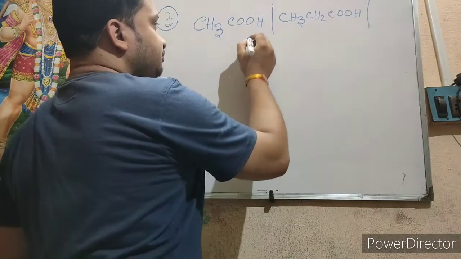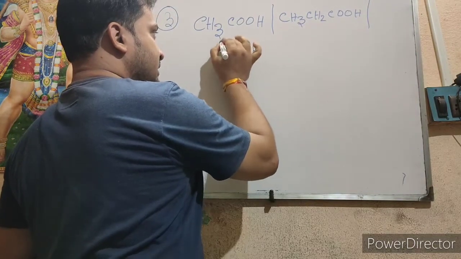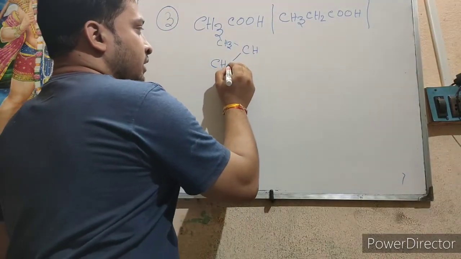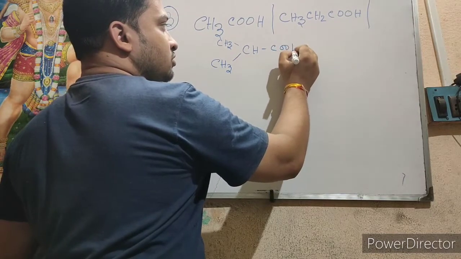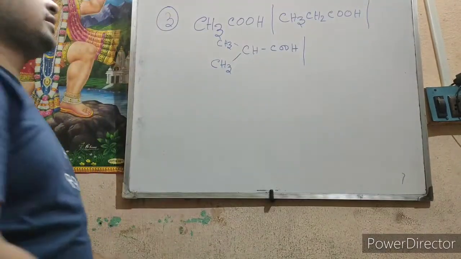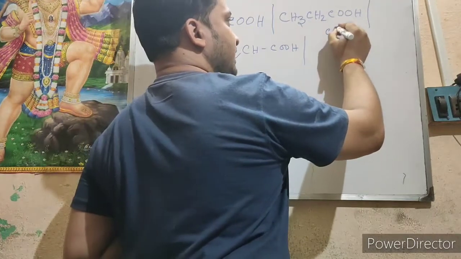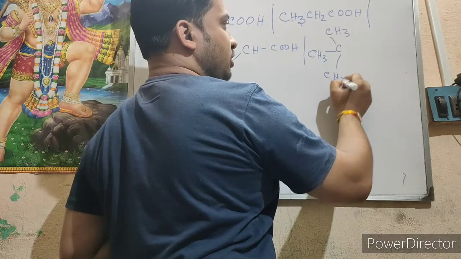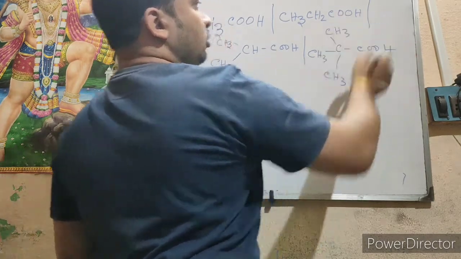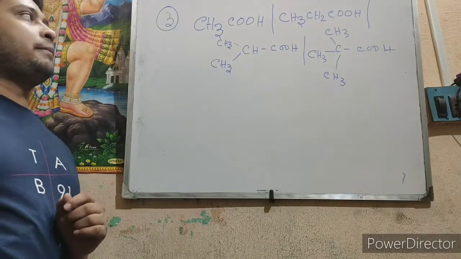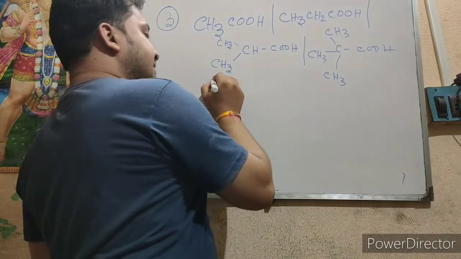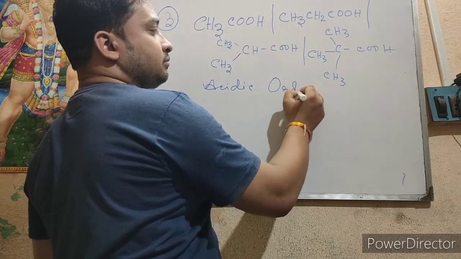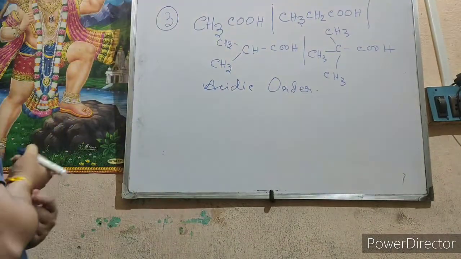Then you take the third compound, and the fourth one is the fourth compound. Those are the 4 compounds. Write the acidic order.